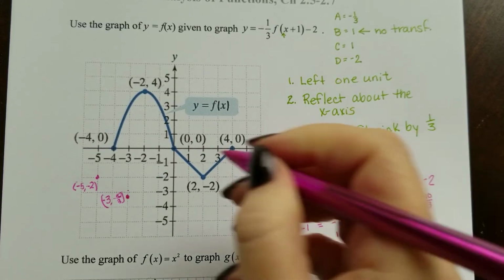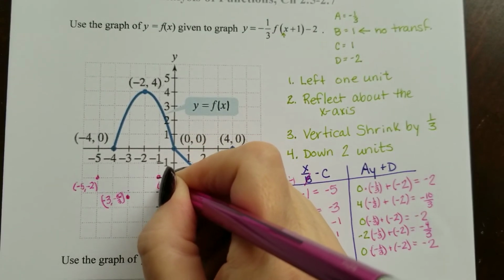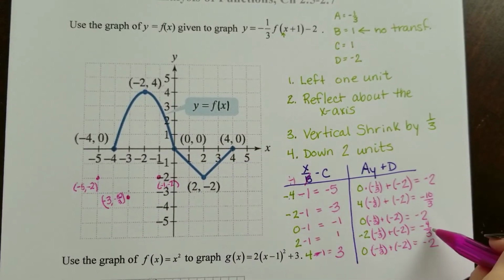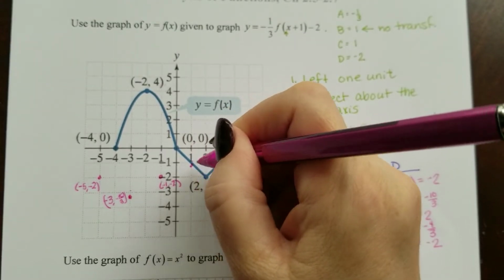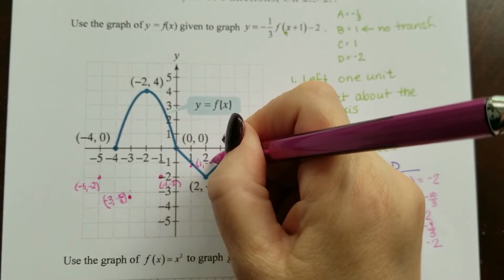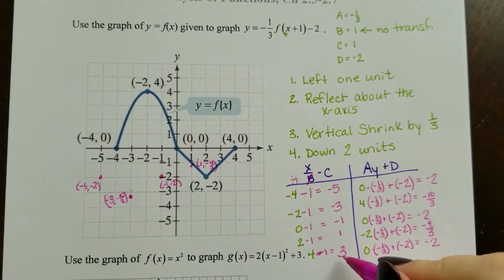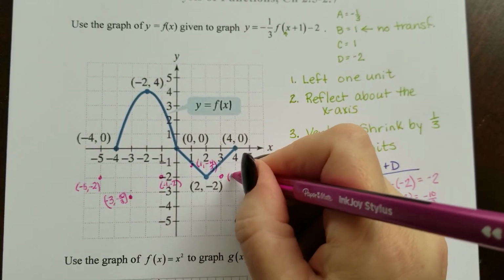And then -1, -2. And then 1, -4/3. It's about here. And then this one is 3, -2. Right there.